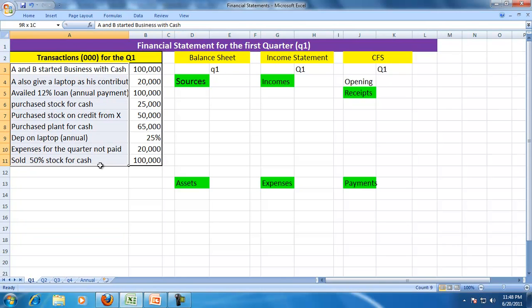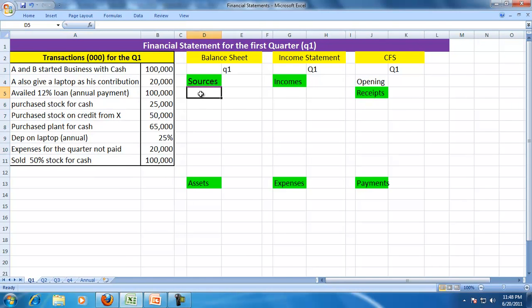And these are the transactions, which are very normal transactions that we have been seeing. So they started business with capital. Okay, so capital, I'm going to show 100,000, and there is a receipt of capital 100,000, but at the same time one of the partners gave a laptop as capital, so therefore they have not received the cash, but they have received an asset called laptop, and the cost of that is 20,000.